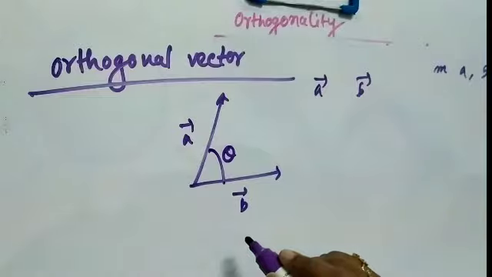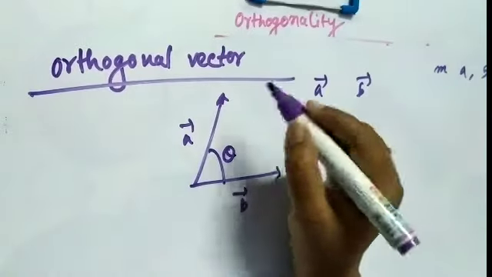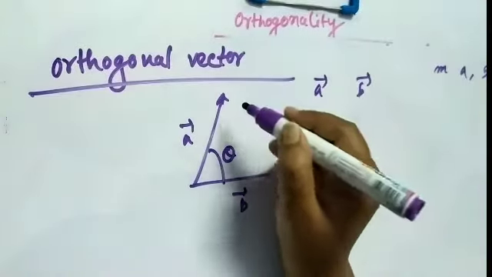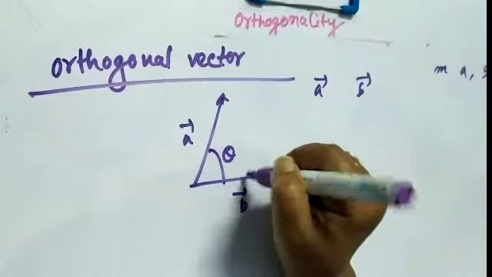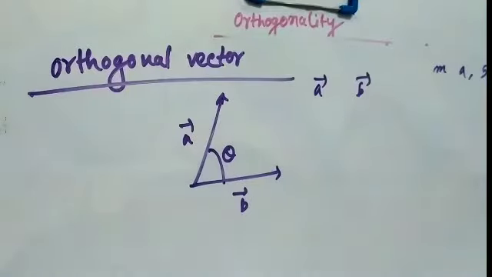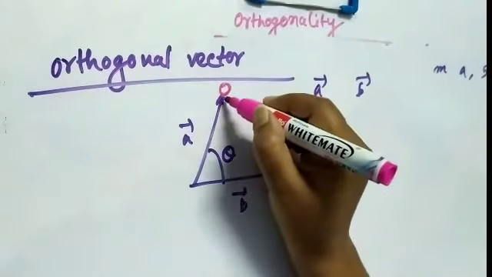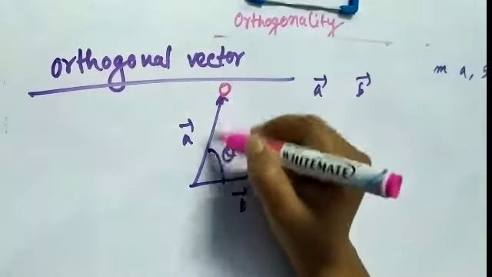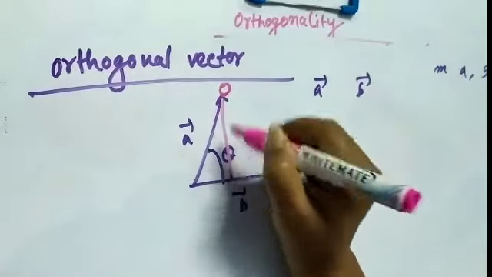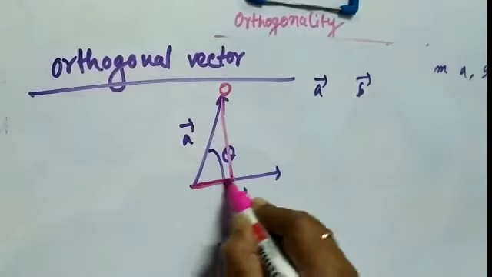Now, we will find the projection of vector A on B. Projection means the shadow of vector A on B. If we put a light on the top of this point, the light will fall on this vector and create a shadow on the second vector, like this.